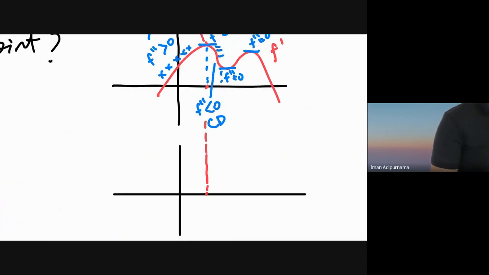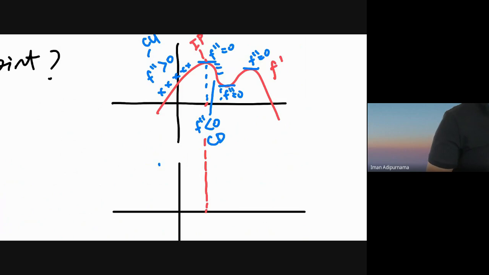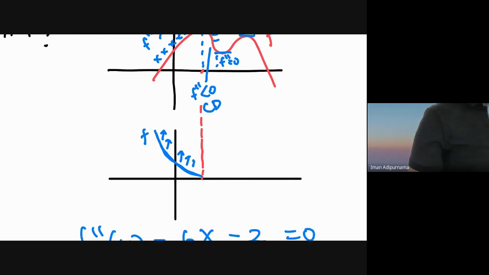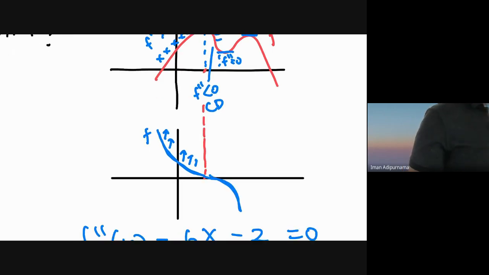So probably it will look like that. We are not really sure about the other points, but at least it looks like that. Your f is concave upward, and then it will be downward after the inflection point, or maybe like this.